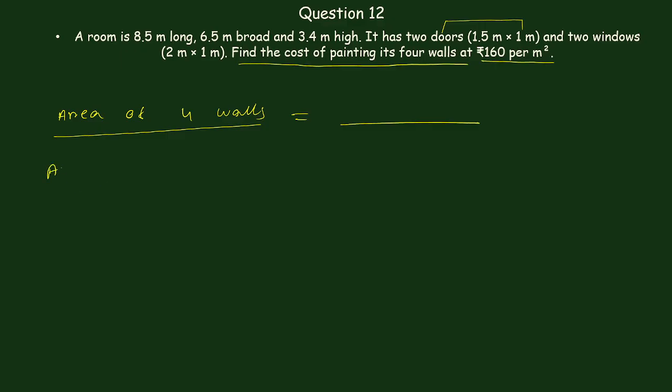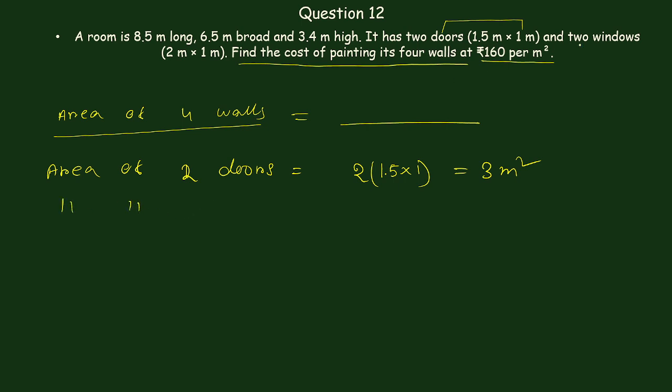Then you need to find out area of one door, sorry, two doors. So area of one door will be what? Length into breadth, na? 1.5 into 1. Now there are two doors, so multiplied by 2. So that is 1.5 into 1 into 2, that is 3 meters square.